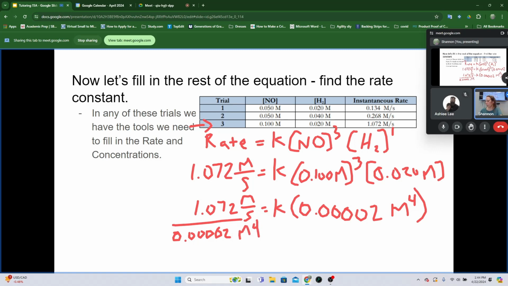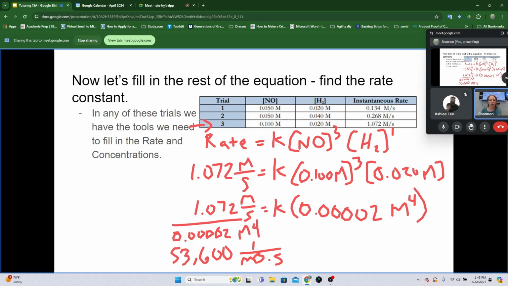Okay, and you'll get 53,600 times 1 over molarity to the third power times S. Then last thing, as always, you're going to look at significant figures.